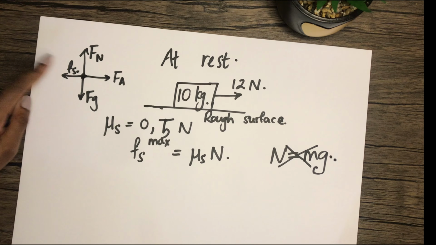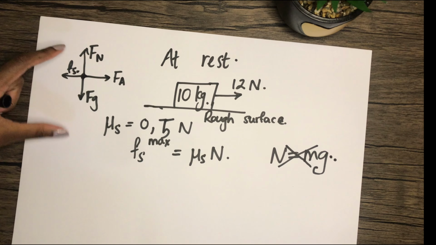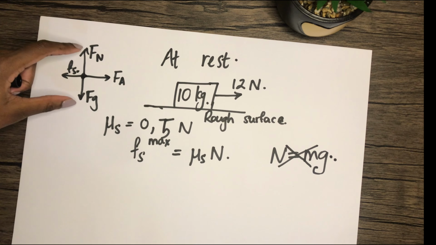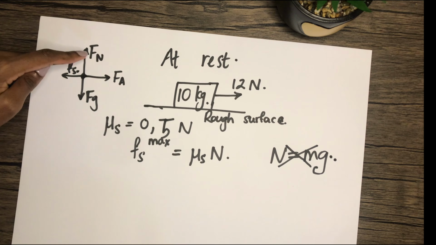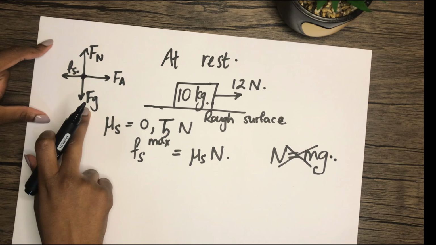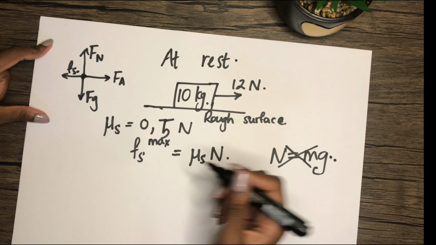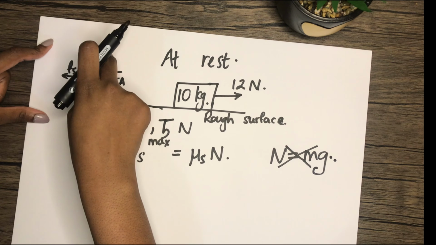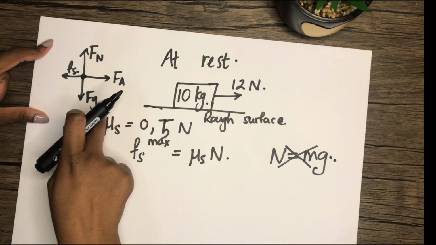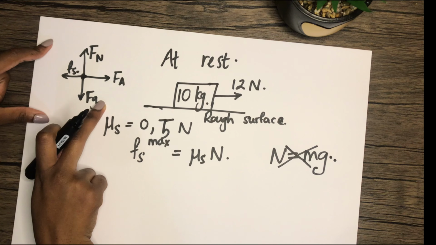So if I was to use my free body diagram here, it's showing me that the forces are balanced. I said the forces along the vertical, which is normal force and gravitational force, are balanced. So that means my normal force magnitude is equal to the magnitude of the gravitational force, right?